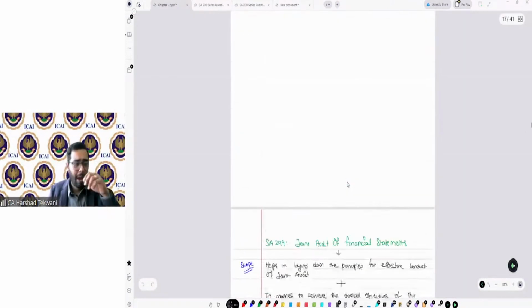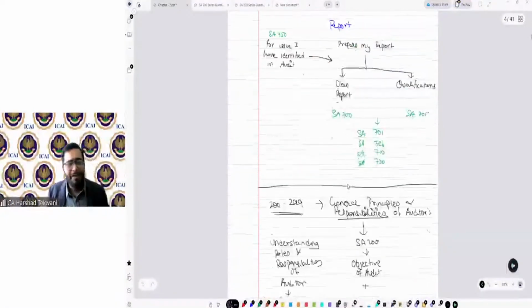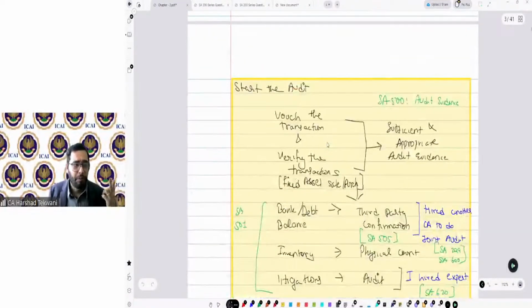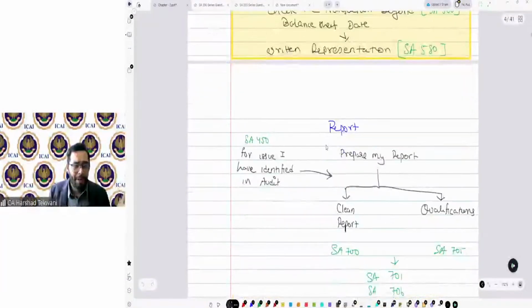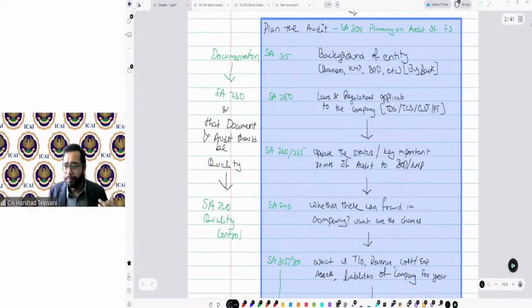Remember in chapter 2, I discussed the overall approach for the audit: plan the audit, start the audit, and the reporting part, report the audit. Remember, we discussed this approach. So when I say I'm commencing a particular audit, what are the things I need to understand? The main objective of the audit. Before starting the audit, I need to understand the overall objective.